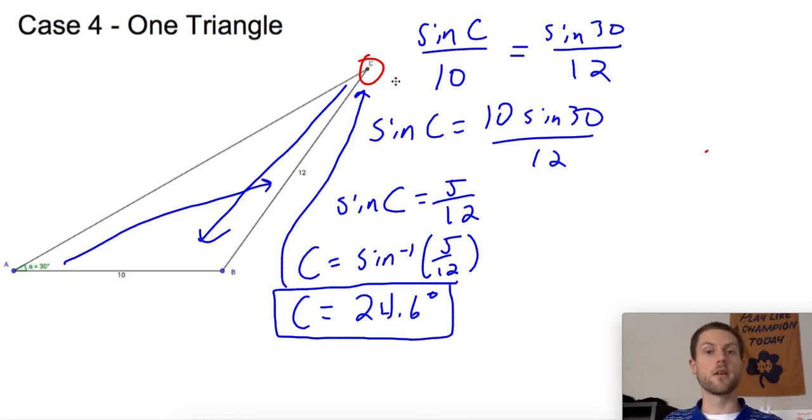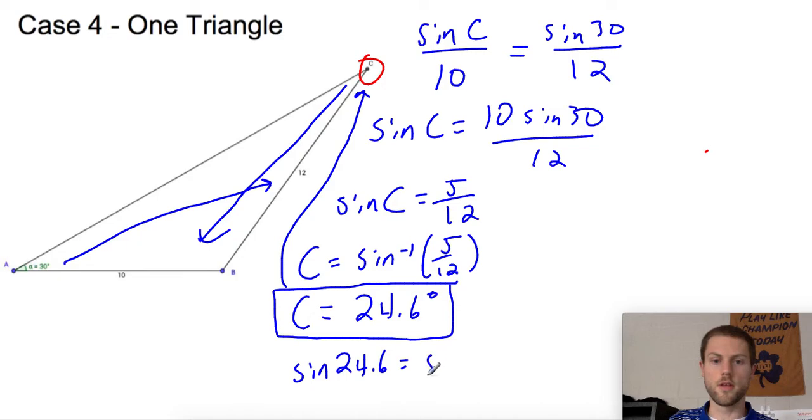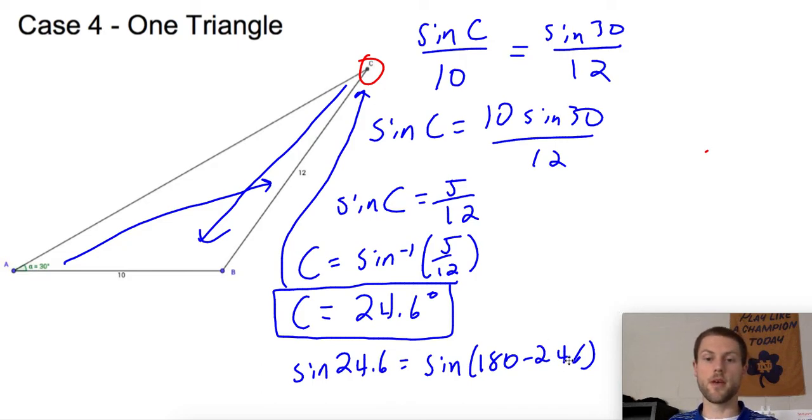Now we need to check its supplement, because remember, all supplementary angles have the same sine value. So the sine of 24.6 should equal the sine of its supplement, 180 minus 24.6. And it definitely does. If you were to type that into your calculator, whatever this angle is, it should equal the sine of 24.6.